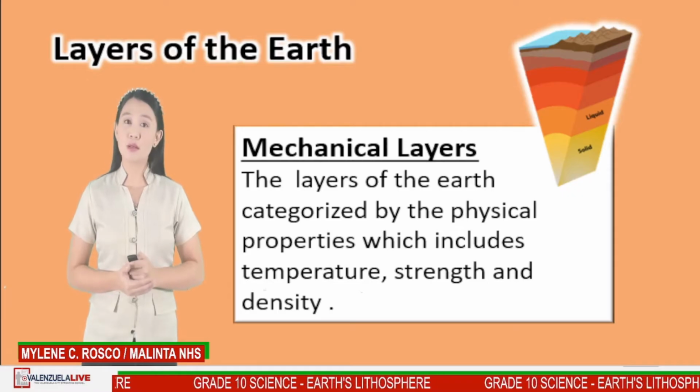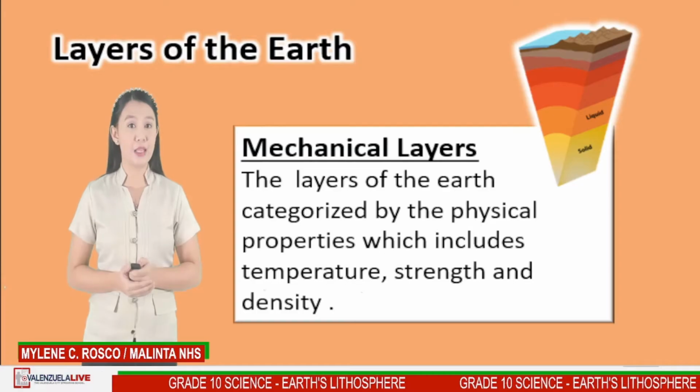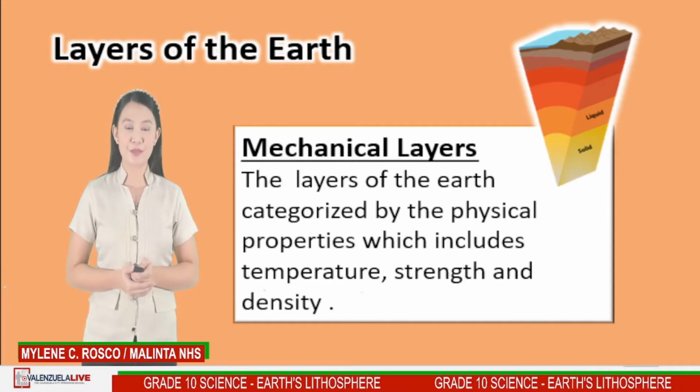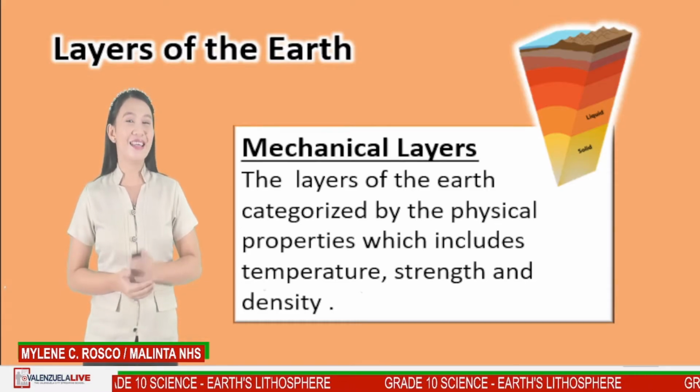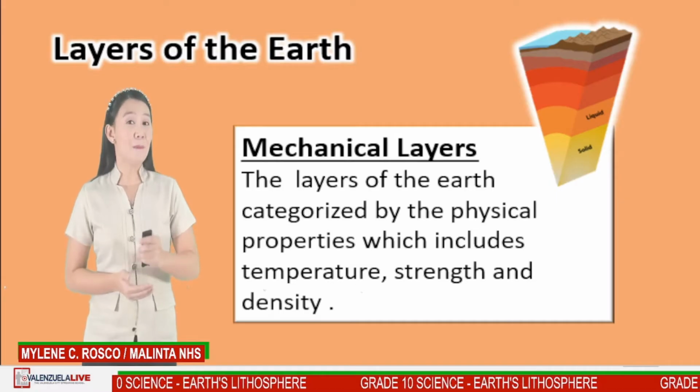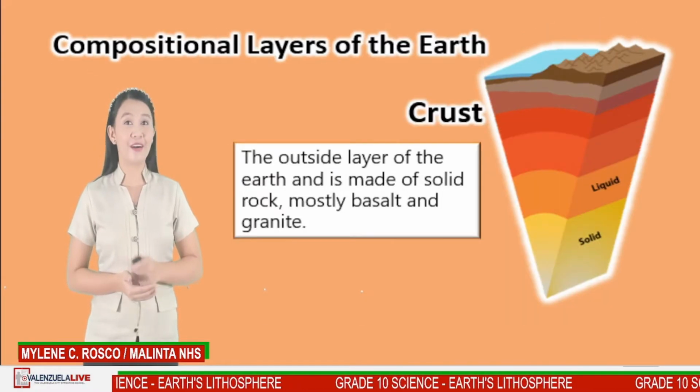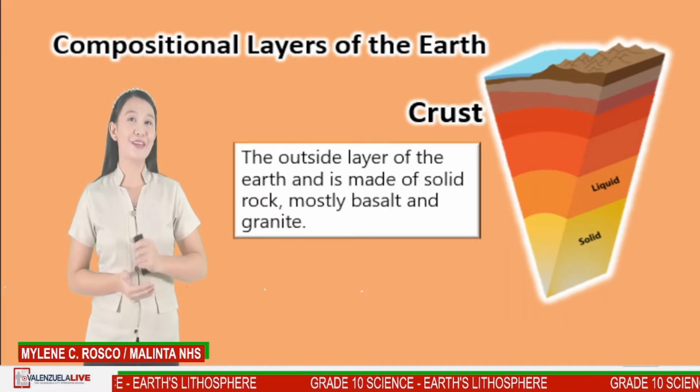Perhaps the most common and discussed cited layers are the compositional layers. Can you name the compositional layers of the Earth? You are correct. The compositional layers of the Earth are crust, mantle, and core.